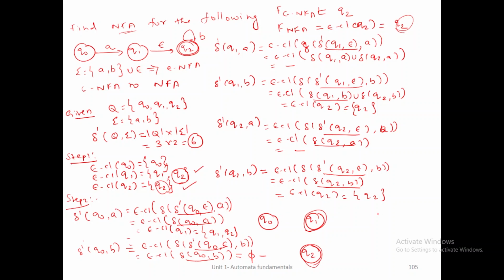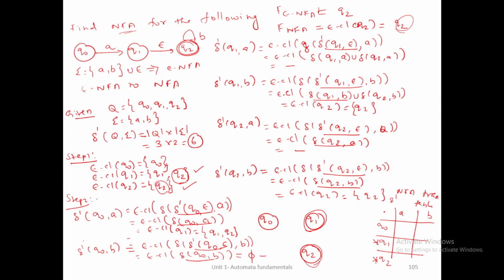Before going to the diagram, you first draw the NFA transition table. How many input symbols? Only 2 input symbols. How many states are there? 3 states, Q0, Q1, Q2, in which the final states are Q1 and Q2. You write the answers from the delta dash value.